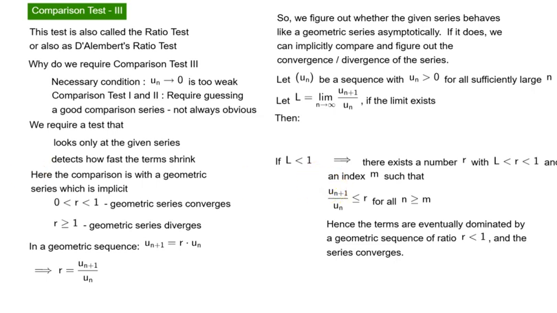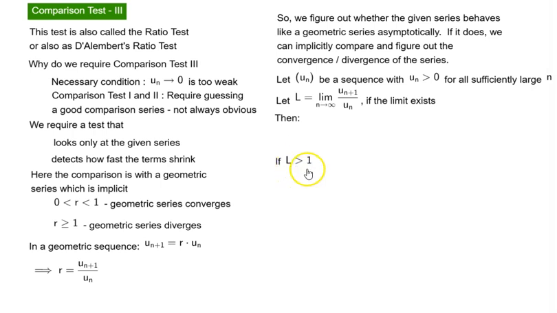Now, if the limit is greater than 1, then there exists r greater than 1 and m such that the ratio of the successive terms is greater than or equal to r, which is in turn greater than 1 for all n greater than or equal to m.